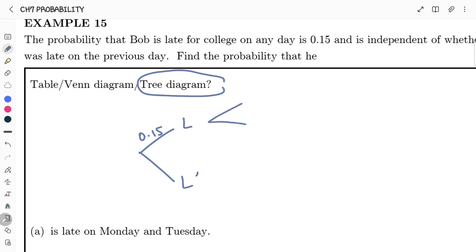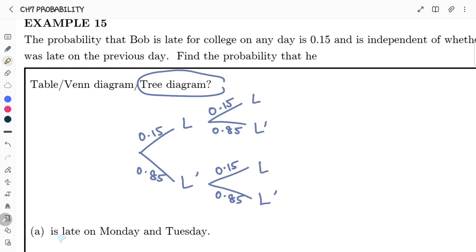So we have 2 days here, Monday and Tuesday. For Tuesday, we still have the probability of being late or not. So late, not late, late, not late. This is still 0.15, this is also 0.15. The probability of not being late is 0.85, same as here.